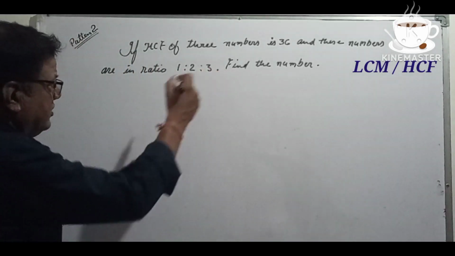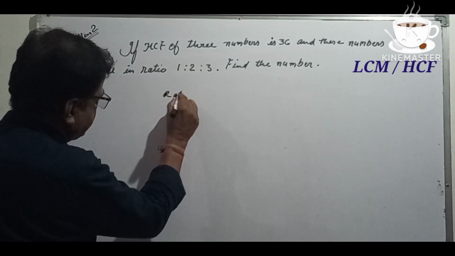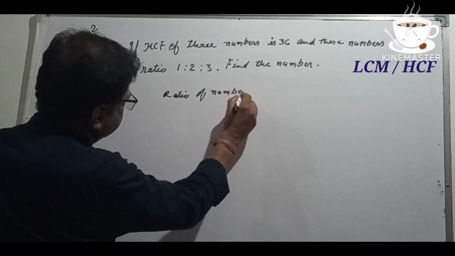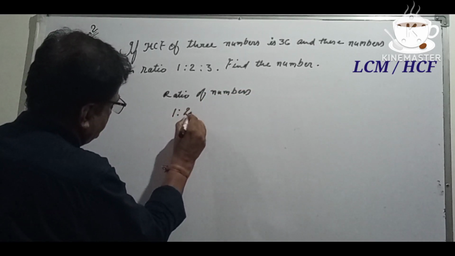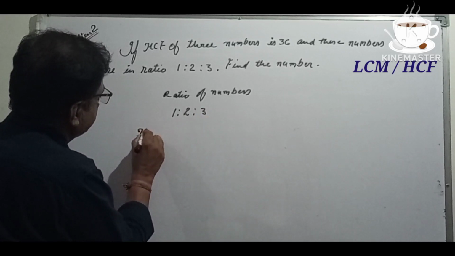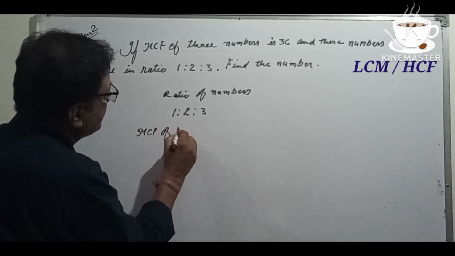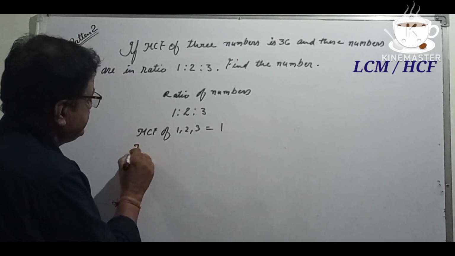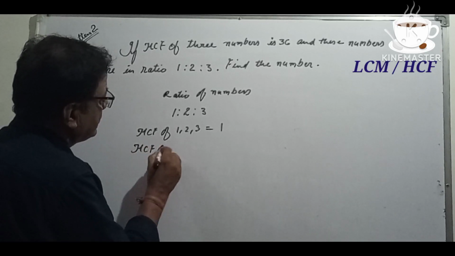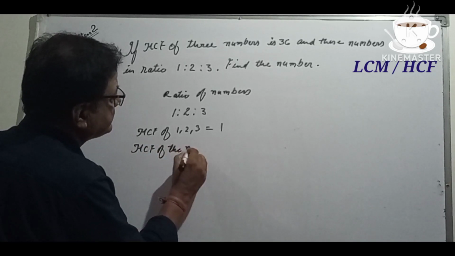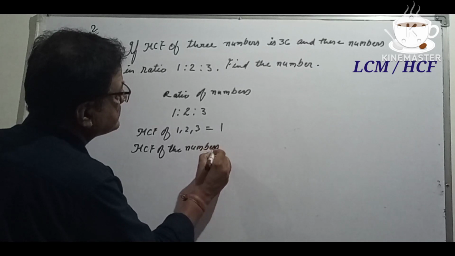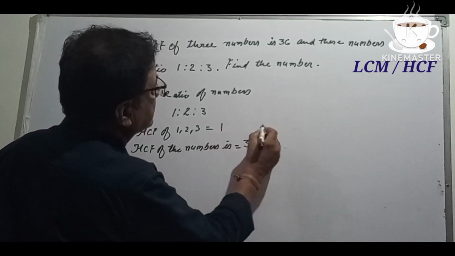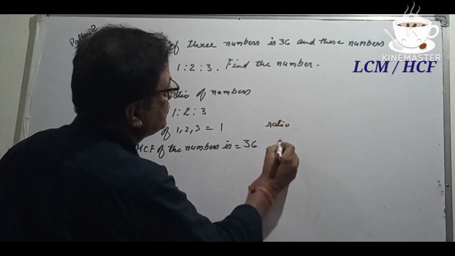First of all, we write down the ratio of the numbers: ratio 1, ratio 2, ratio 3. HCF of 1, 2 and 3 is 1, and HCF of the numbers is 36. Ratio and real.